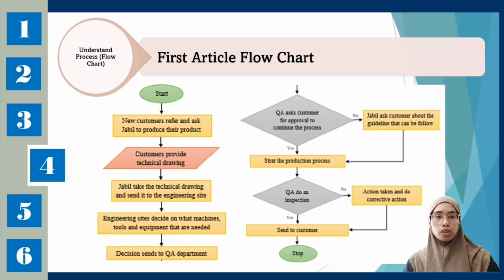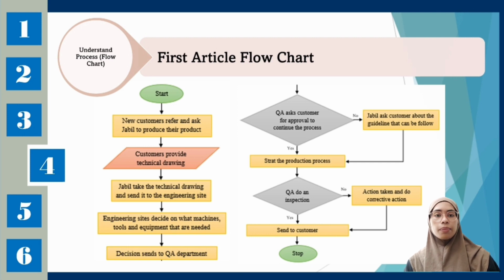The first article flowchart shows the process or flow before the company and customer agree to make a product. The mass production flowchart shows the process after the customer and company have signed a contract between both of them.